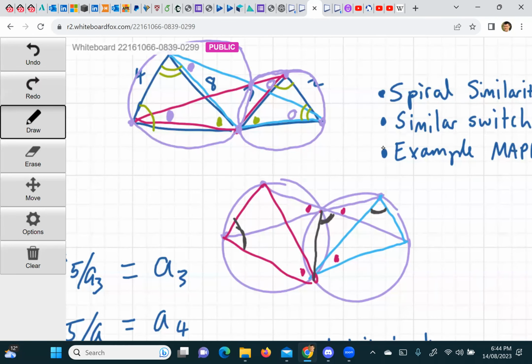Similarly, this angle here is equal to this angle here, which is equal to... did I mark in the wrong angle? Yeah, I marked in the wrong angle, sorry. It's this angle here. And that's equal to this angle here.